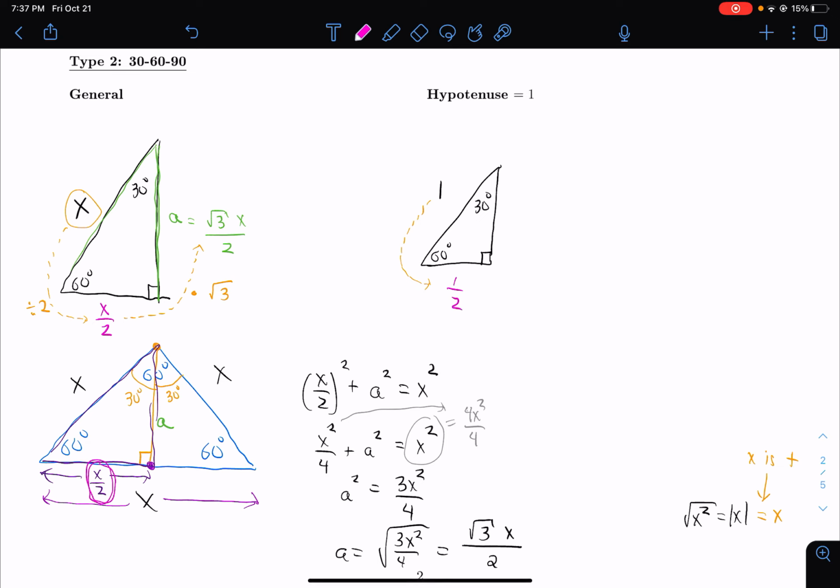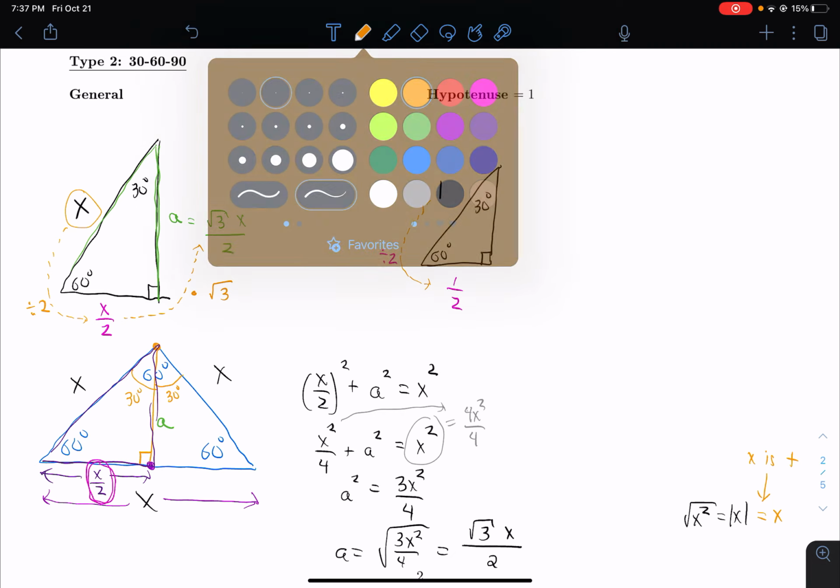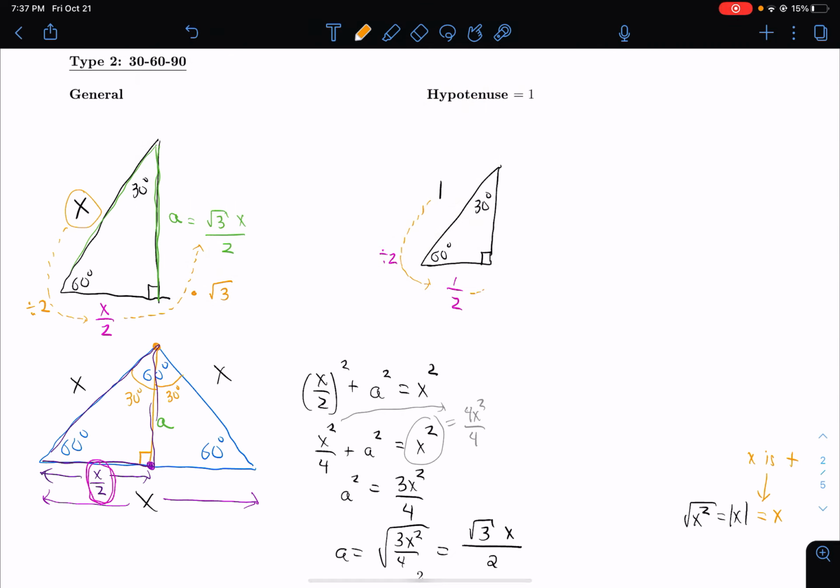And then to get the side opposite the 60, I take this side and I multiply it by a √3. And doing that, I'll get √3 over 2. Okay, and those are the sides of a 30, 60, 90 where the hypotenuse equals 1.